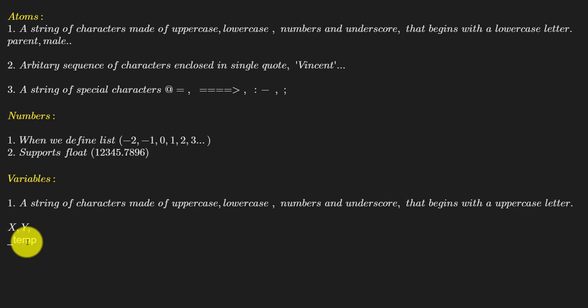Now there is a special variable called only underscore. This is important. In future videos we'll see the usage of this one. It's called the anonymous variable.